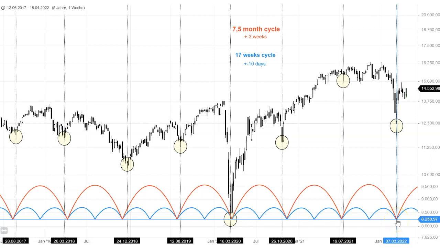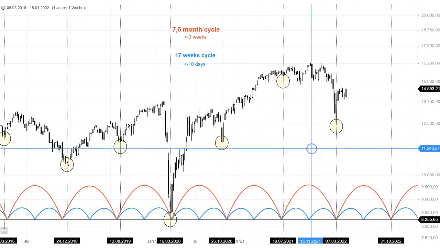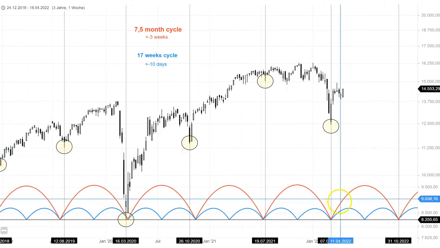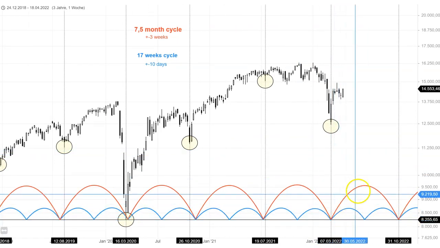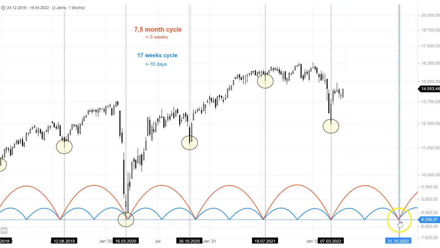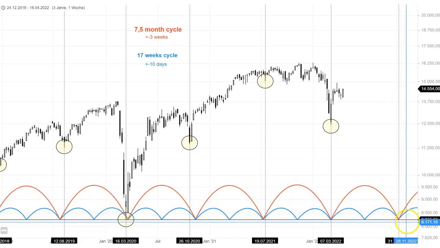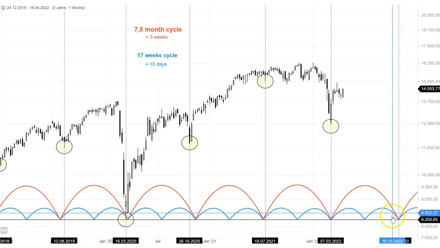And when we scroll over now to the right, and I zoom in a little, that circle over here, that red one, which worked fine over the last years, gives us an idea where the next pullback or correction is heading to, somewhere at the end of October.